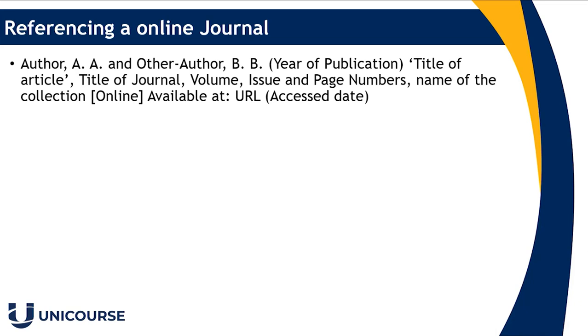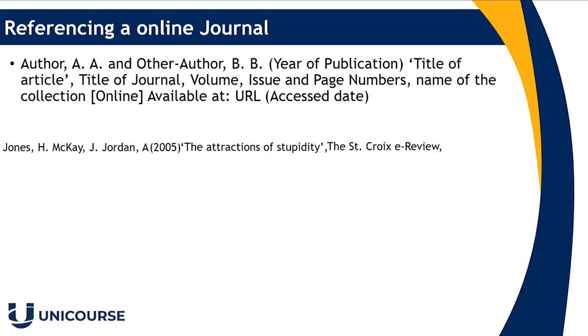So referencing an online journal is basically the same, but again, square brackets online, available at, URL, and the access date. Here's an example. Within this example, as you can see, there are 3 authors. So you'll be informing us of 3 authors in the full reference list with the year of publication, the title of article, the title of the journal, the volume, the issue, and the page numbers.